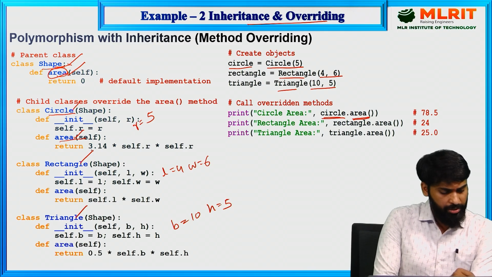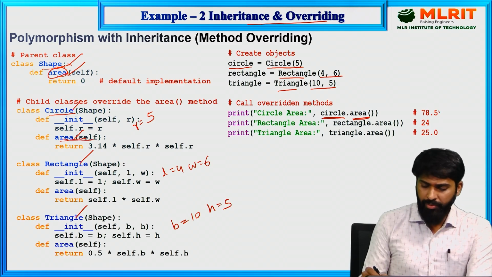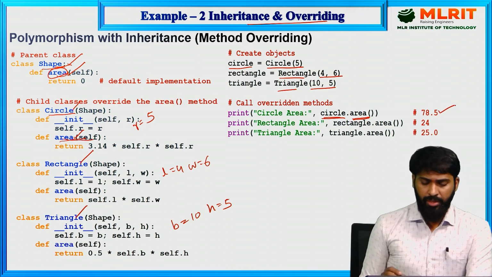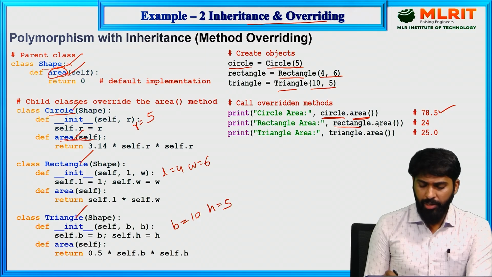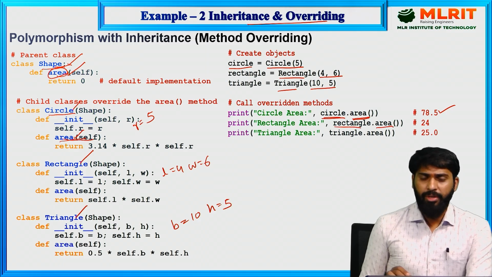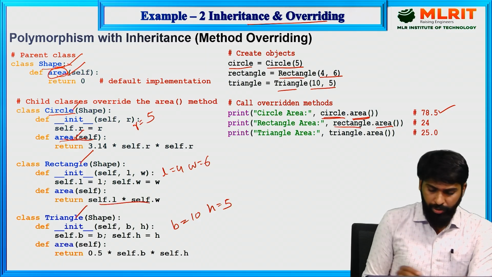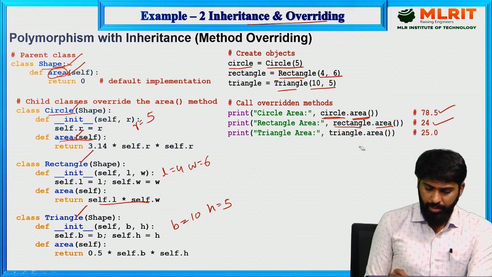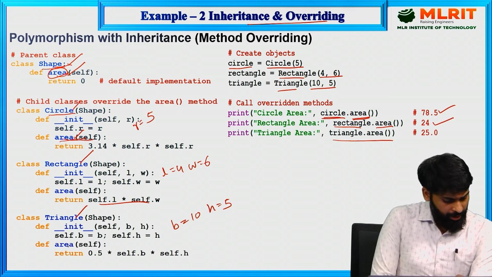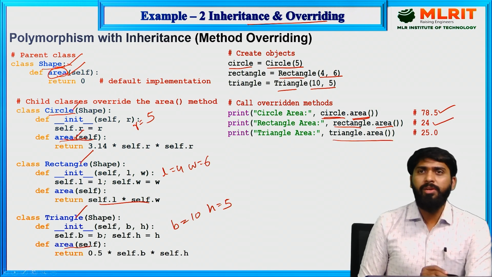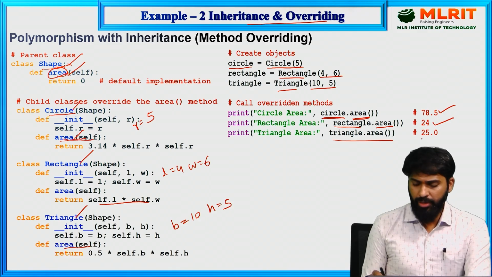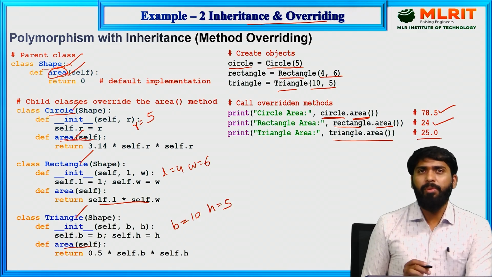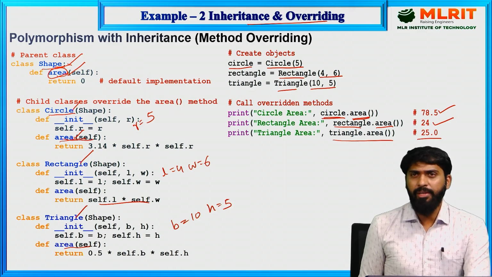So this function will return 78.5. Second function call, rectangle dot area, so it will return 24. In the third function call the area function in the triangle class will be invoked and it will return 25. So this is about method overriding in Python.